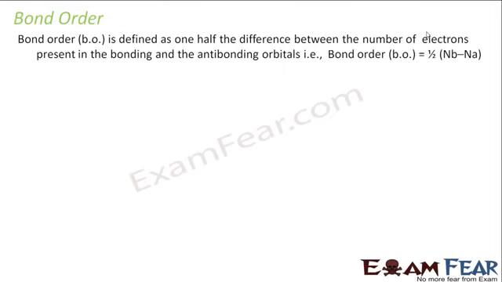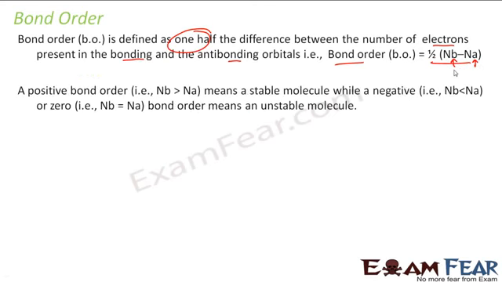Bond order, as I told you in the Lewis definition, was nothing but the number of bonds. But in this case, the bond order is half the difference of the number of electrons in bonding and anti-bonding orbitals. Bond order is 1/2 (Nb minus Na), where Nb is the number of electrons in bonding orbitals, B for bonding, A for anti-bonding, and Na is the number of electrons in anti-bonding orbitals.